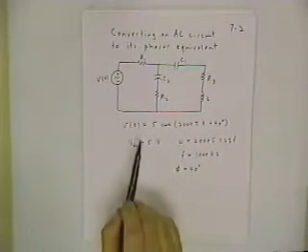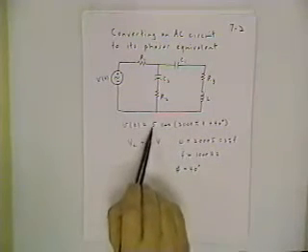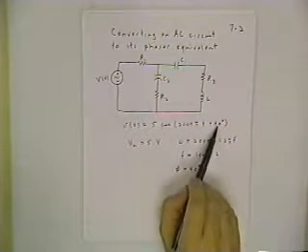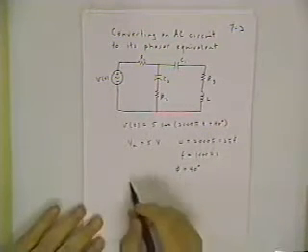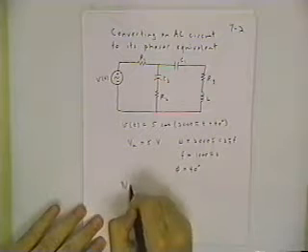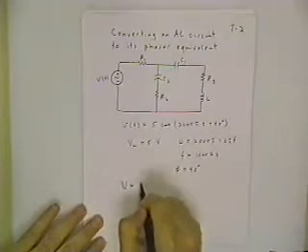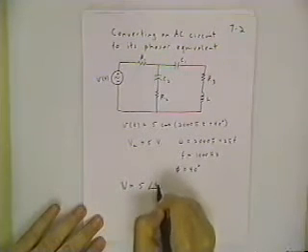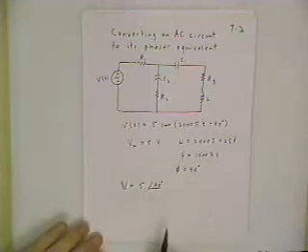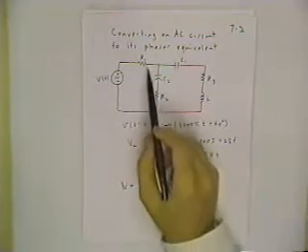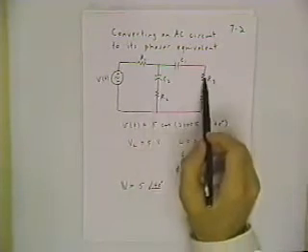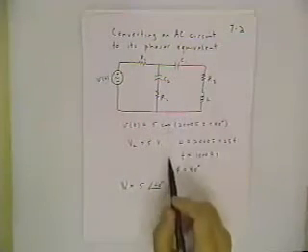But now remember how we form the phasor: just take the amplitude and the phase angle part. So we make this V phasor equal to 5 at angle 40. The impedance for each of the resistors is just the resistance R1, R2, R3.